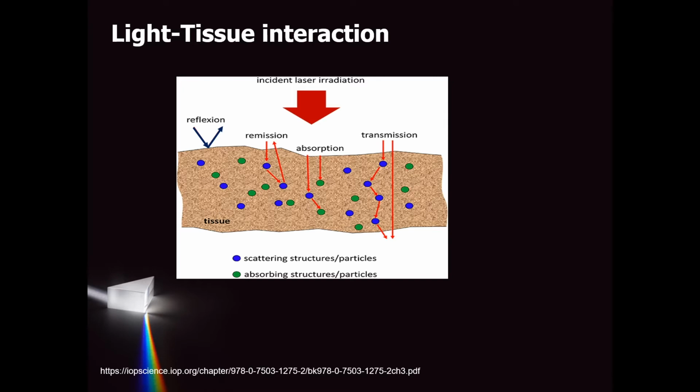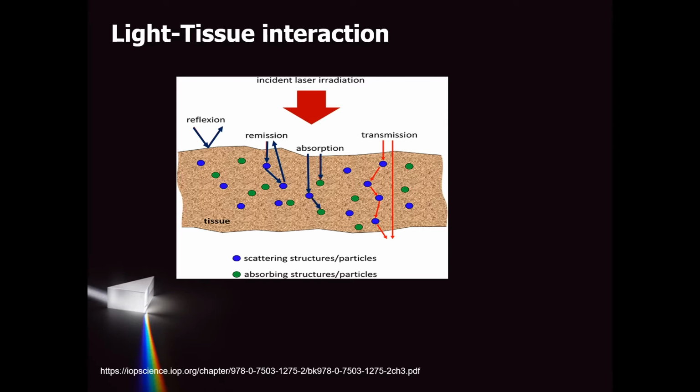And the second option is remission, which means that light can go through the tissue and most photons will be redirected to a new direction by elastic scattering, and some lucky photons will eventually escape from the surface as reflectance after multiple scattering events. And the third one is absorption.